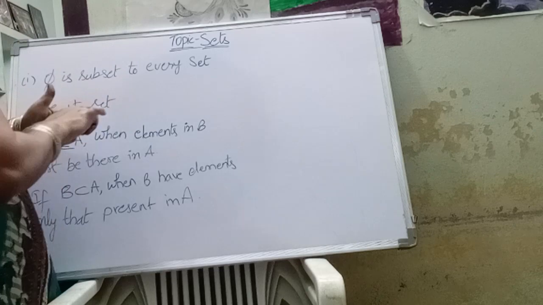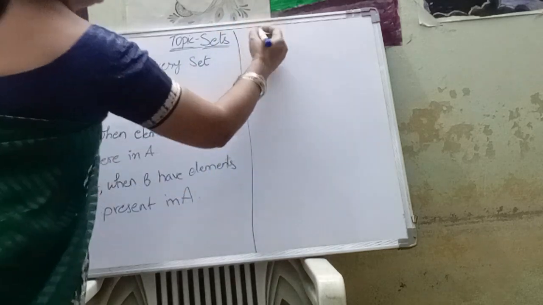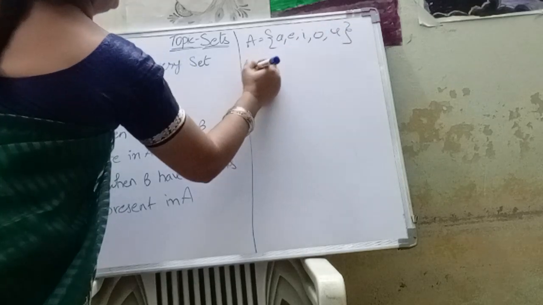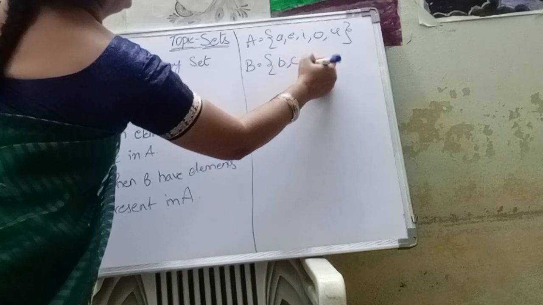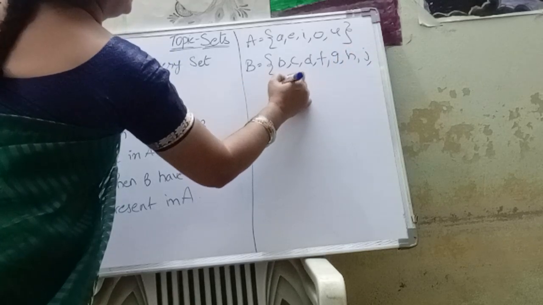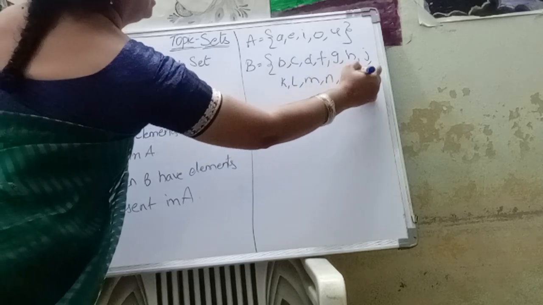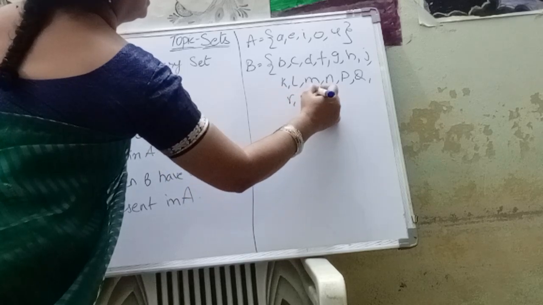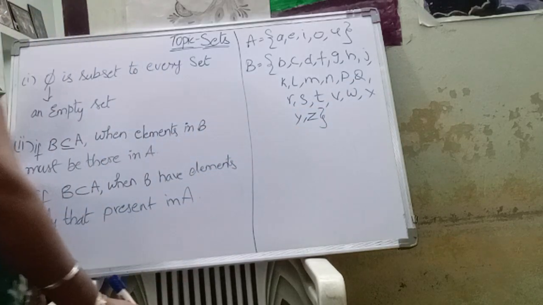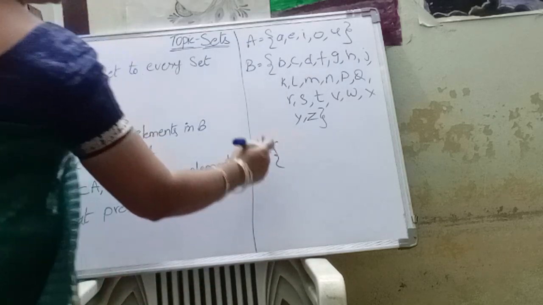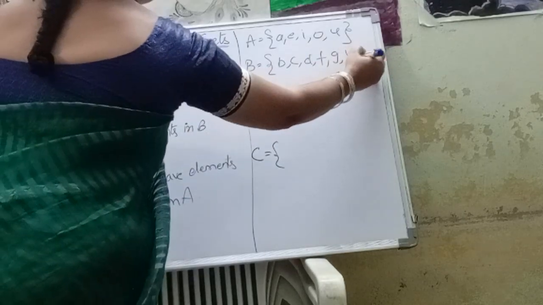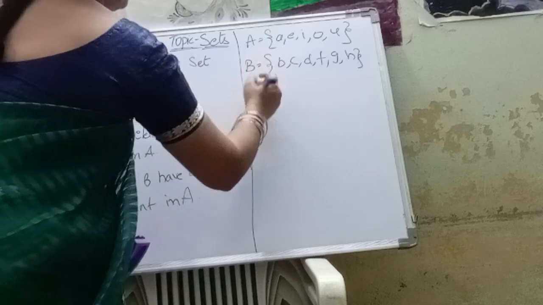One more property is there for subsets. Say for example, I took A equal to A, E, I, O, U and B equal to all the consonants: B, C, D, F, G, H, J, K, L, M, N, P, Q, R, S, T, V, W, X, Y, Z. One more set C, here I'm writing only a few elements, you can take all elements also, no problem in that.